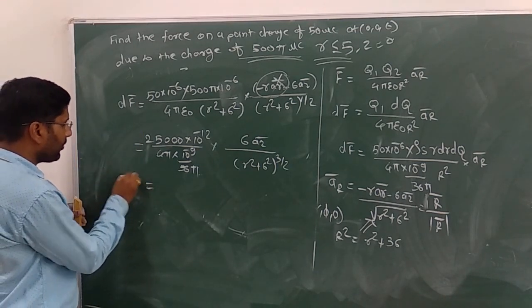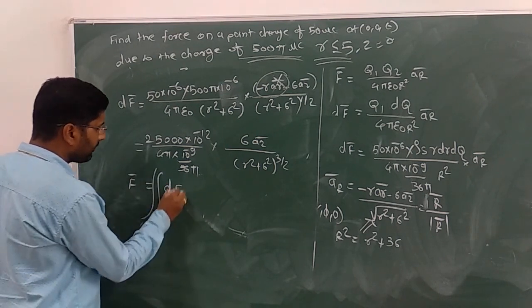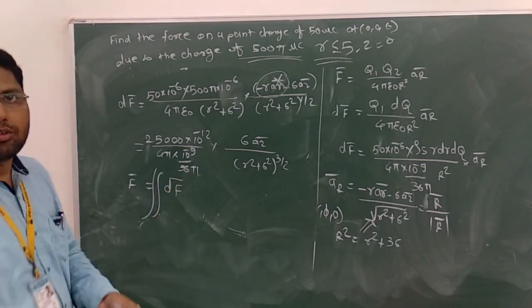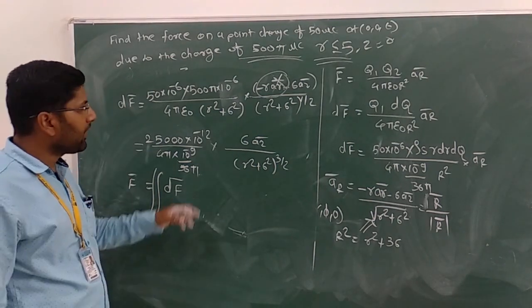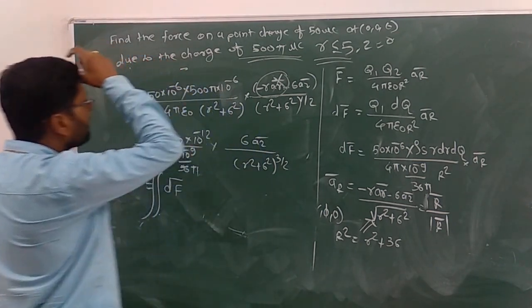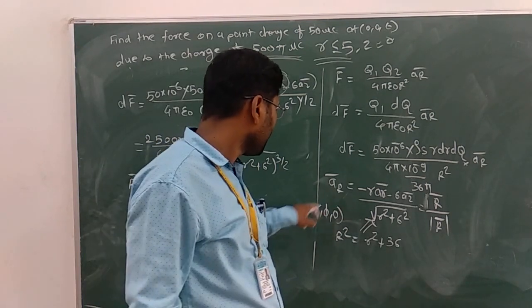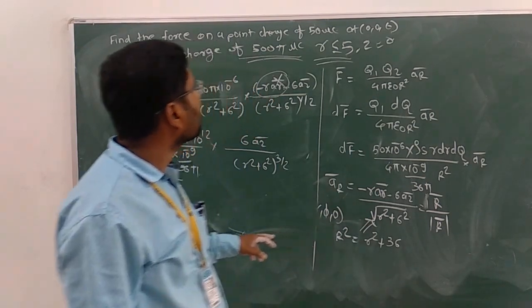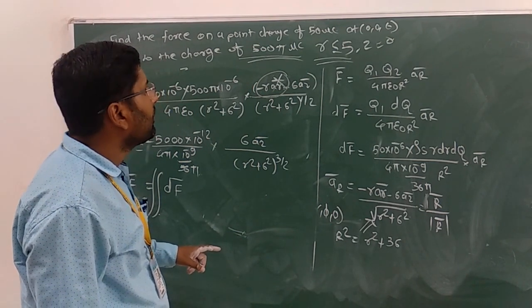Now F bar is equal to the integration of, now it will be a double integration, df bar. So what will be the limits? What you have to consider? That is varying what? This, where I wrote this, okay, I forgot. AR bar ds.